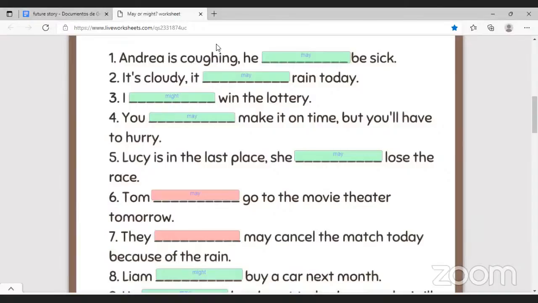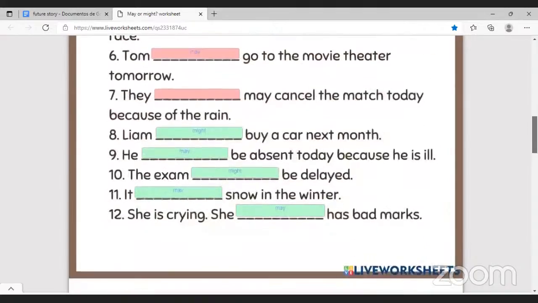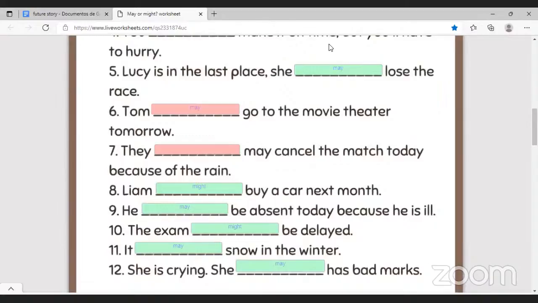Yeah, that's true. So then I think everything else is correct, right? Yeah.